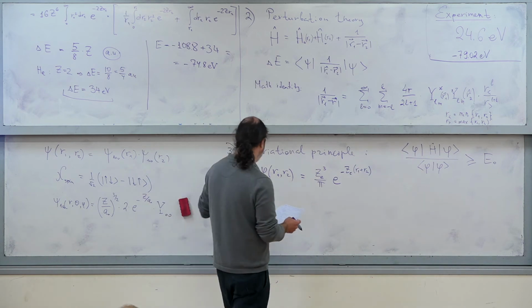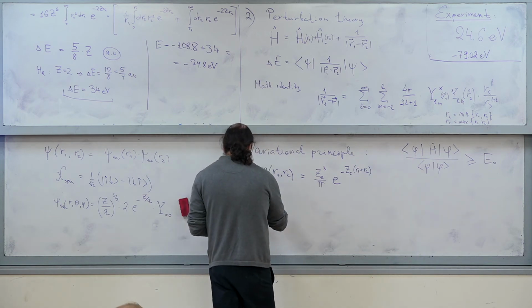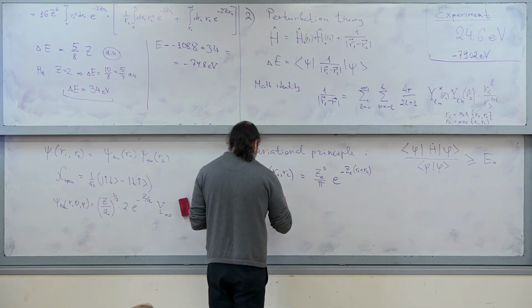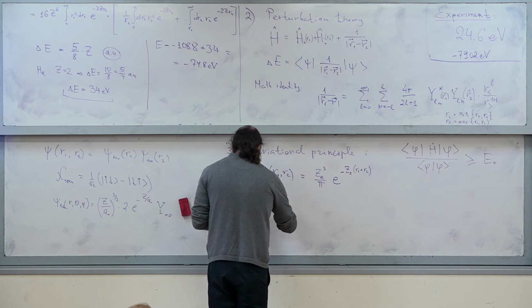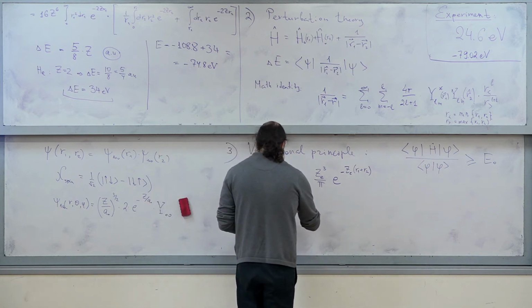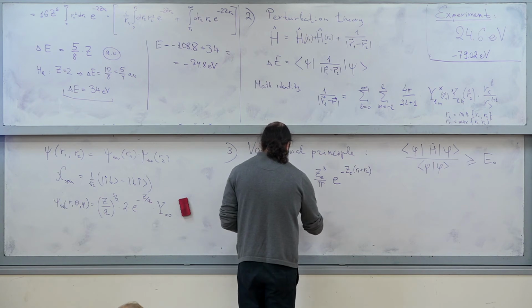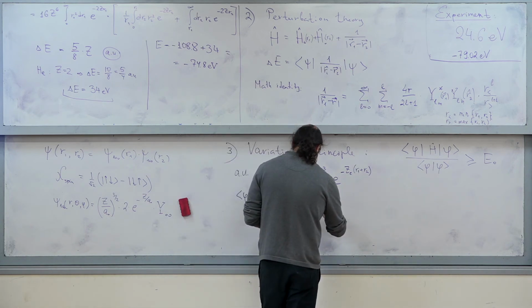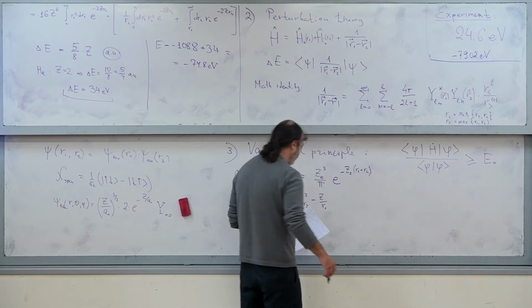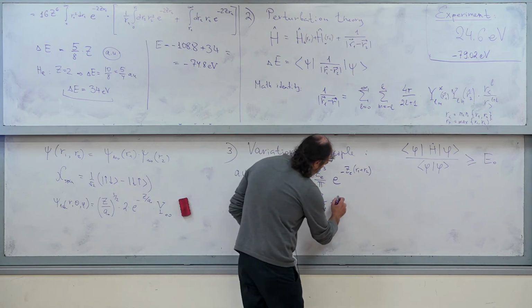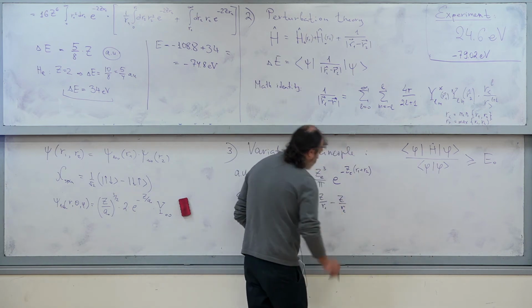This Hamiltonian has two parts. The H0 parts depend on coordinates. So the Laplacian operator depends on coordinate R1, the kinetic energy of the first electron, minus half Laplacian of R2, the kinetic energy of the second electron, then the interaction energy of the first electron with the nucleus, and the interaction energy of the second electron with the nucleus.